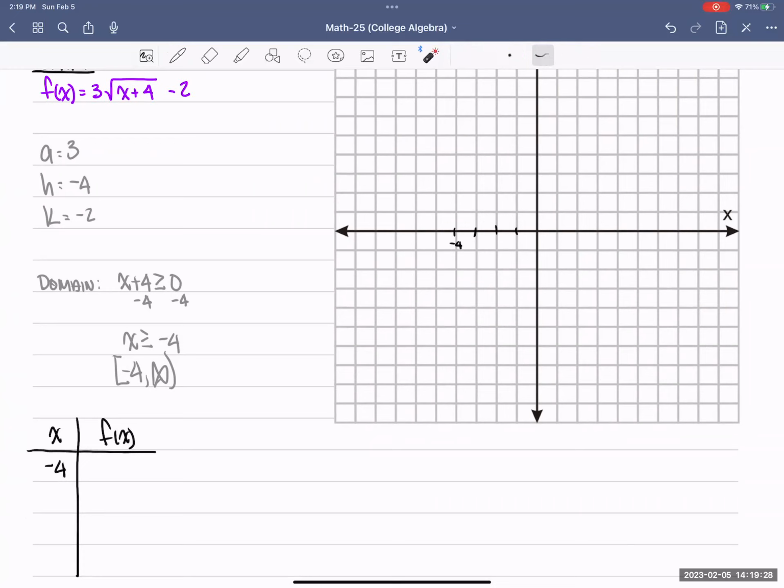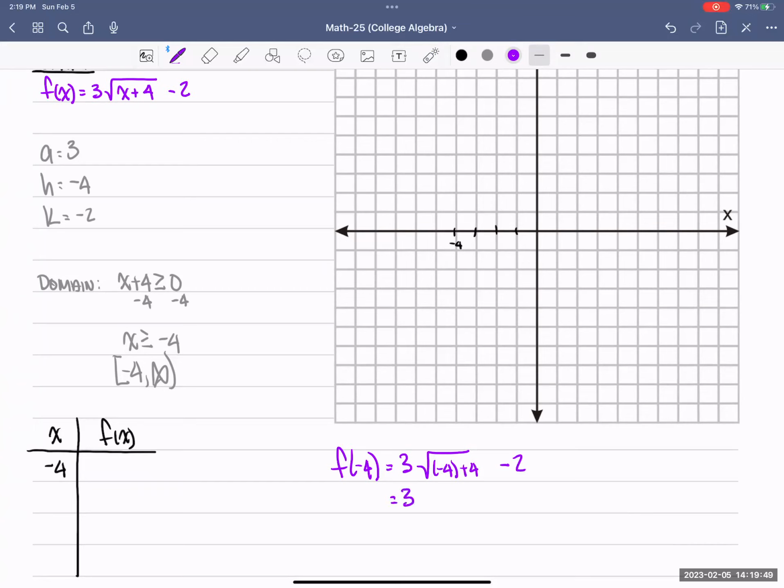So starting off with -4, we could plug it into our function and see what we end up getting. So f of -4 is equal to 3 times the square root of -4 plus 4, and on the outside, -2.